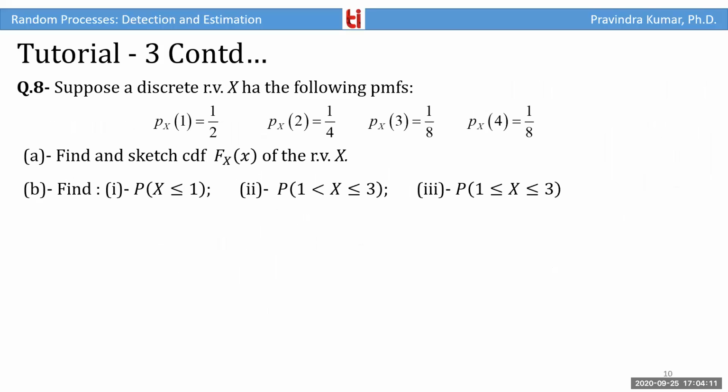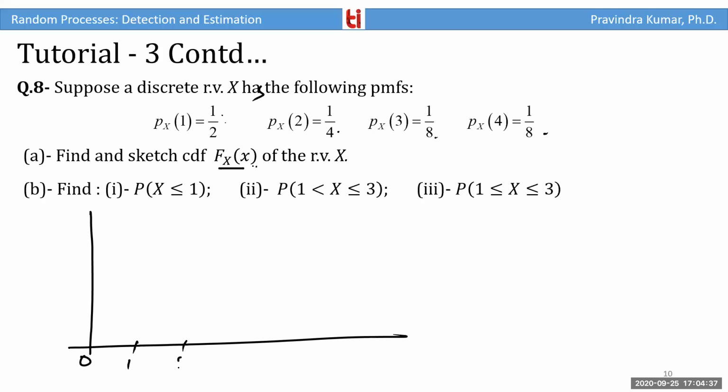So next question, suppose that a discrete random variable x has the following PMF values: 1/2, 1/4, 1/8, and 1/8. Find and sketch F(x). F(x) means the sum of the probabilities. So if x is 0, 1, 2, 3, and 4, at x is equal to 0 the probability is 1/2, and then 1/4, 1/8, 1/8.